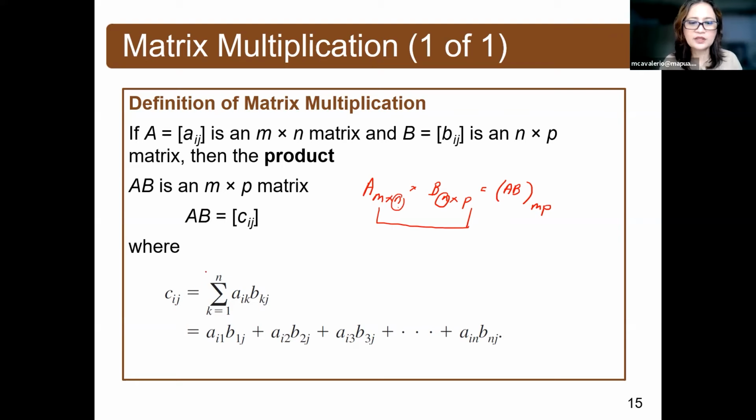So that's how we perform matrix multiplication, and C sub ij will be equivalent to the sum of A sub ik and B sub kj from k equals 1 up to n. So that we will have a_i1 times b_1j, plus a_i2 b_2j, plus a_i3 b_3j, plus so on and so forth until we will have a_in times b_nj.